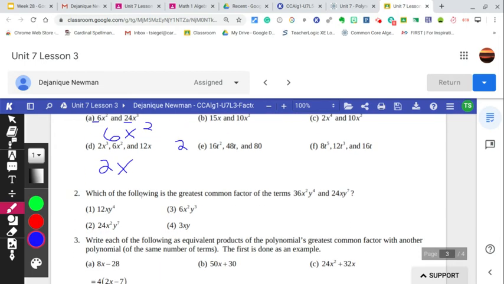So now if we look at this multiple choice, if we look at 36 and 24, the factors of 36 are 1, 2, 3, 4, 6, 9, and 18.